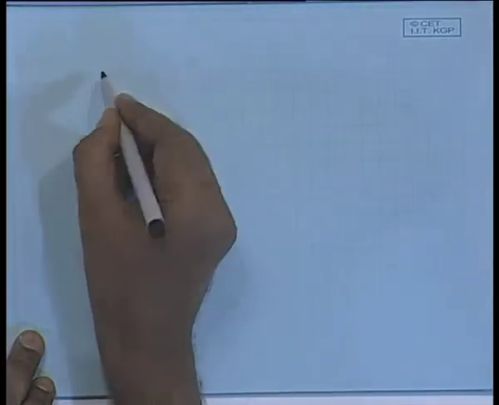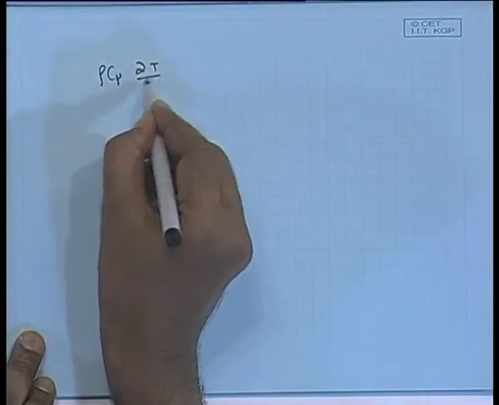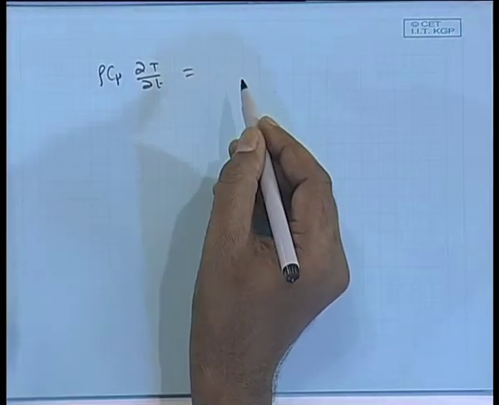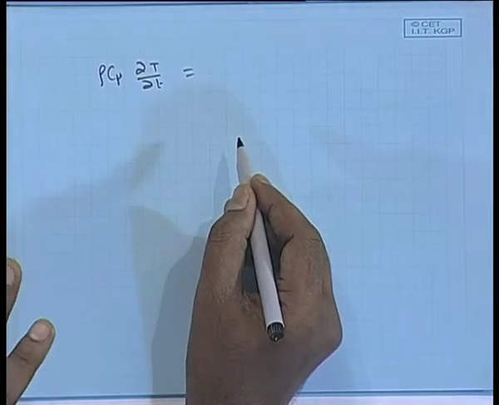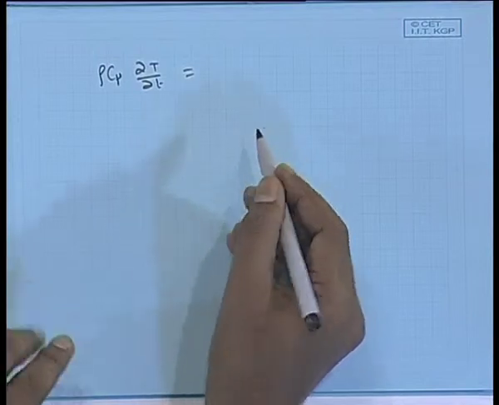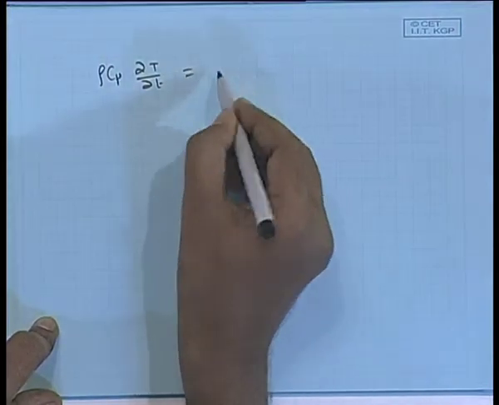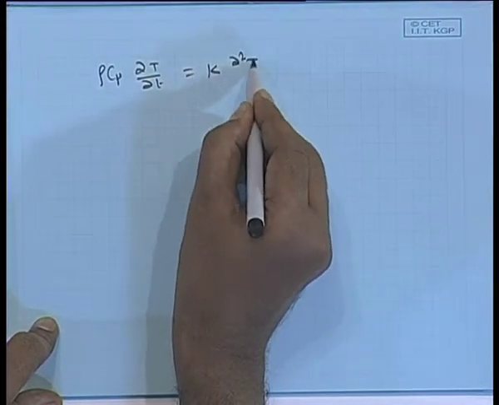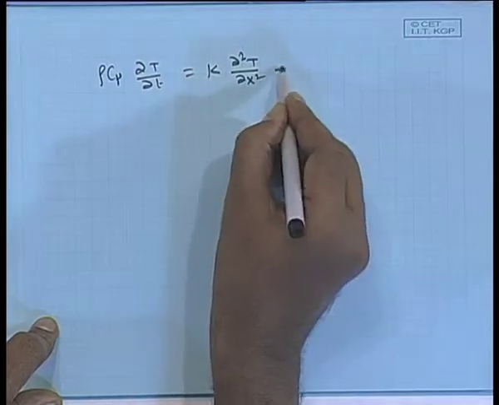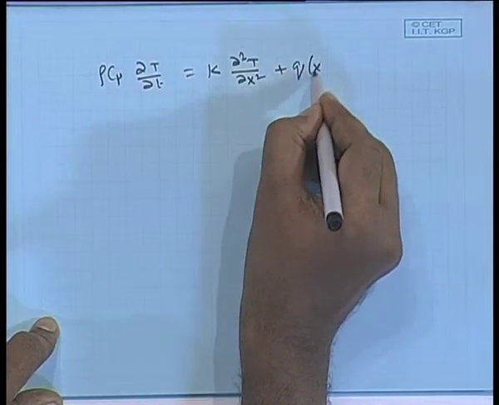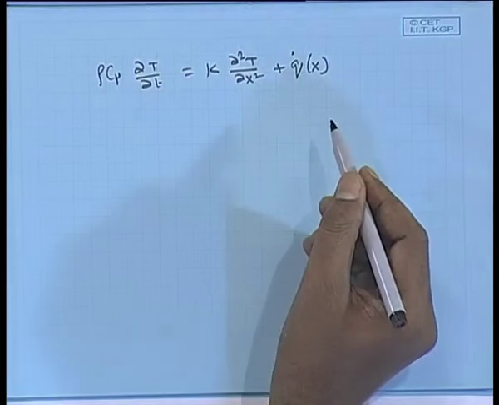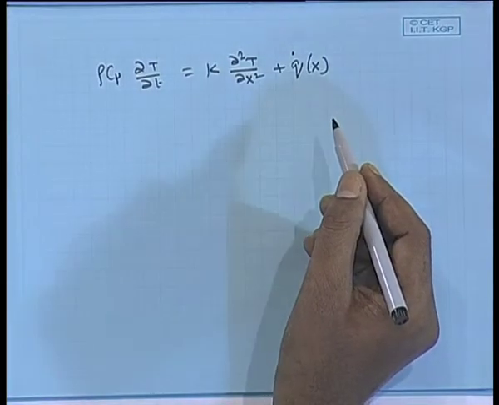In that case, we will have rho Cp del T del t is equal to, suppose we are talking about the nuclear fuel element where no convection is present, so convective terms are not present, k del square T del x square, let us say, plus q dot, which will be a function of x, some prescribed functional form maybe.